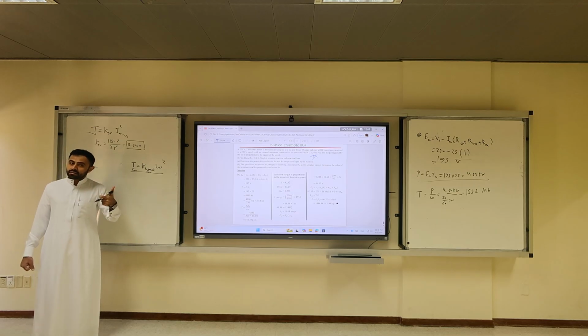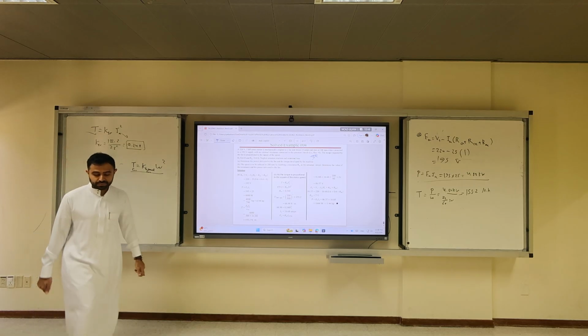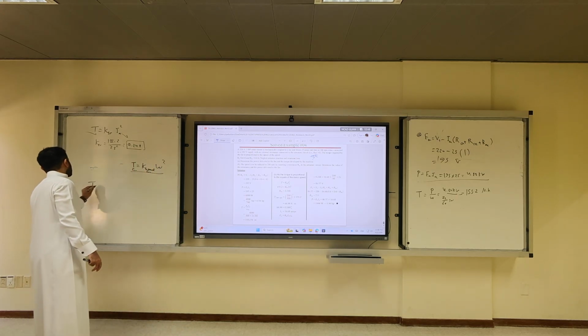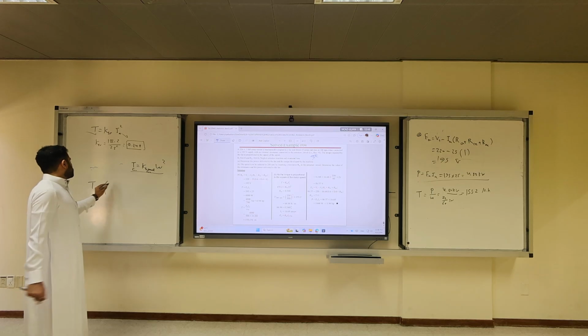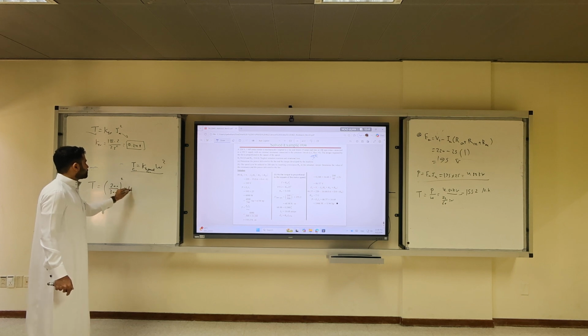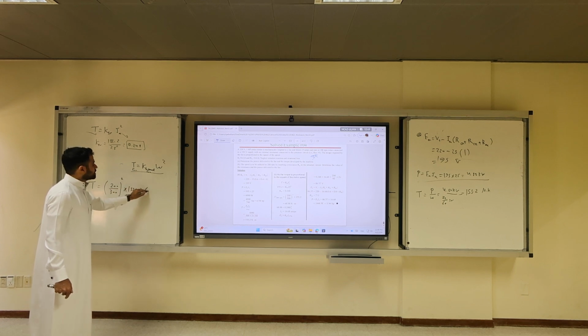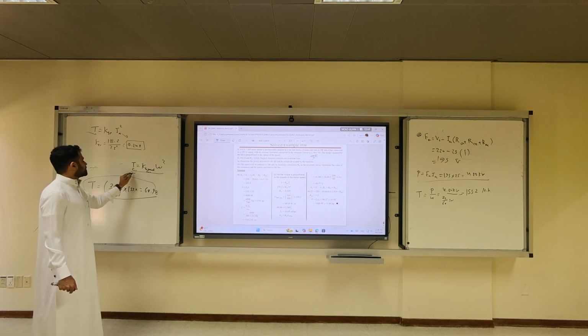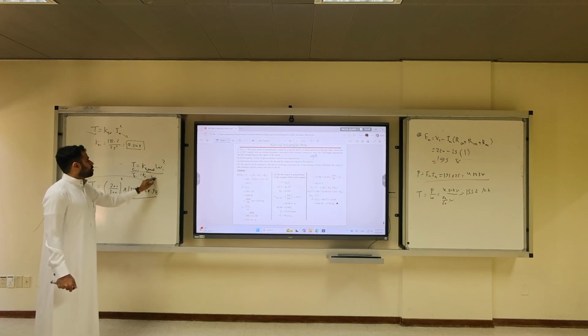Because it's a fan, it's a little bit more challenging. How to do it: you just do 200 over 300 squared times the original torque. You're going to get 68.98. The proper way is you have these two divided, T fan 1 over T fan 2, with the same constant, omega 1, omega 2.